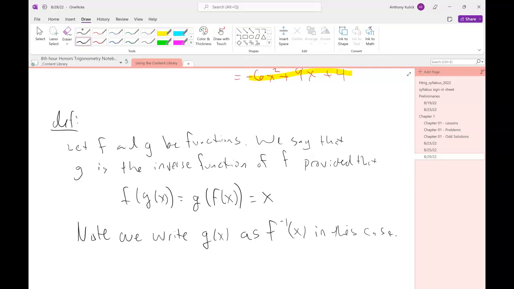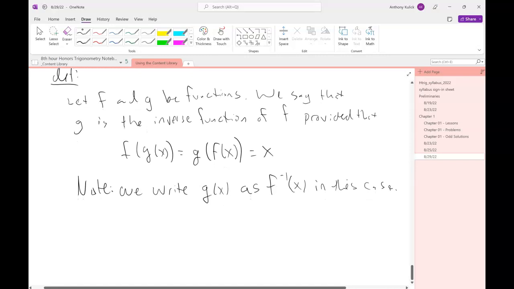So in this case, we would call this g of x, we would name this guy f inverse of x, and we'd write that f inverse as a -1 exponent attached to the function. Does this look familiar? Okay.